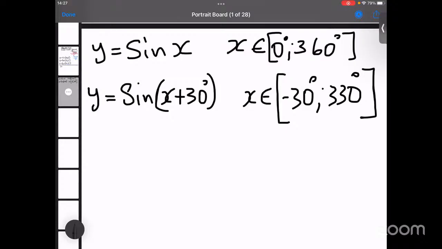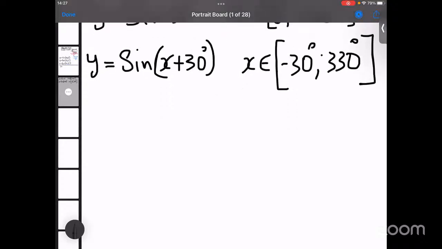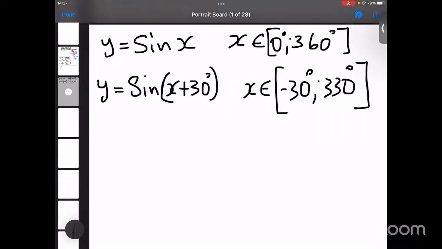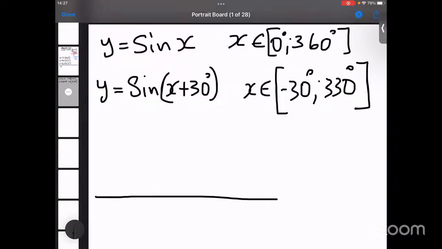So this is exactly what I would like for us to do. Maybe let's start with that first one. What we know is that we will definitely need to have that horizontal line.